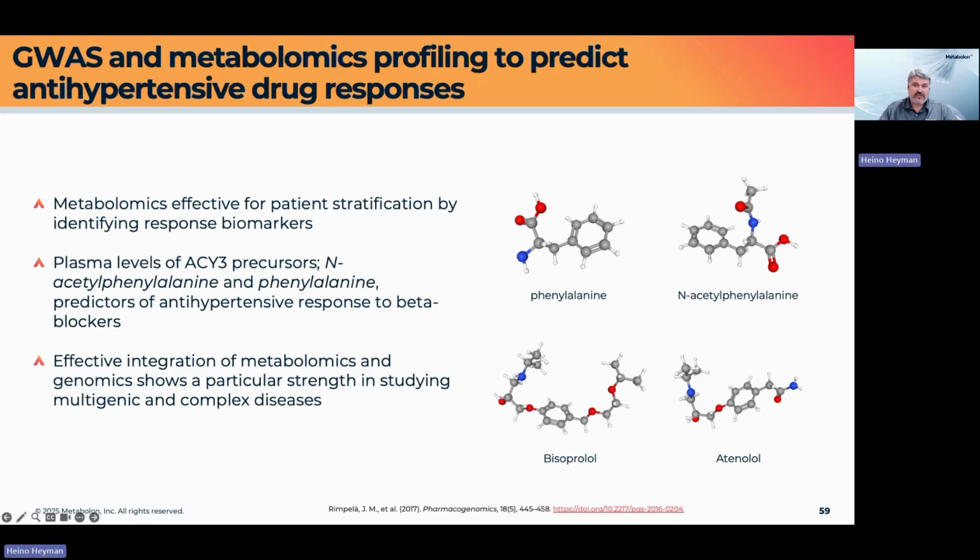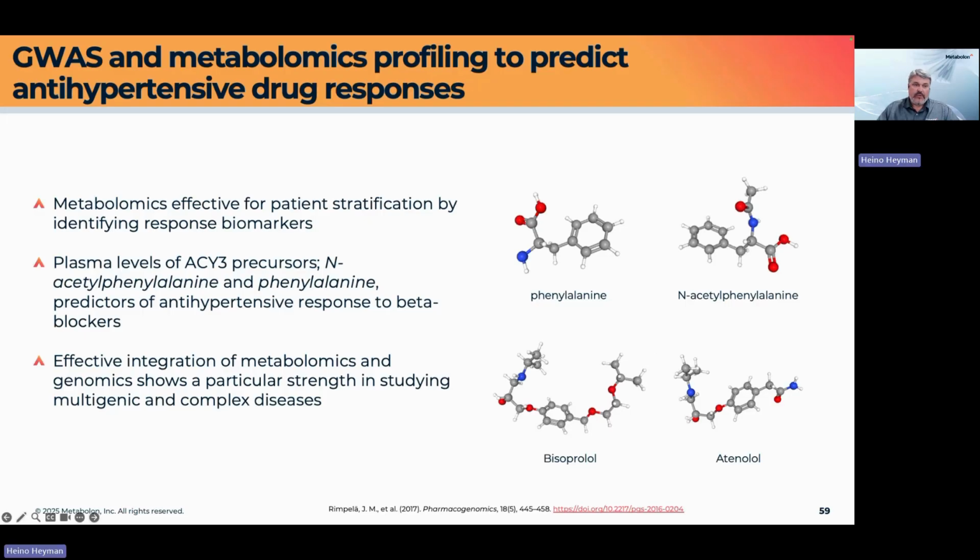The plasma concentrations specifically of N-acetylphenylalanine and phenylalanine, which are the ACY aminoacylase related catecholamine synthesis precursors, may predict the antihypertensive response to beta blockers, thus providing support for two pharmacogenomics markers for beta blockers and angiotensin receptor antagonists.